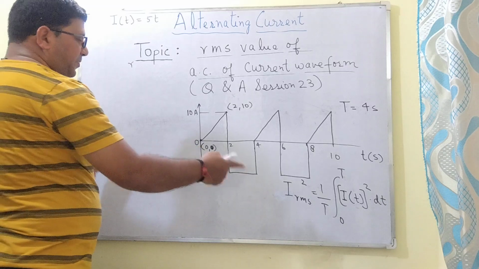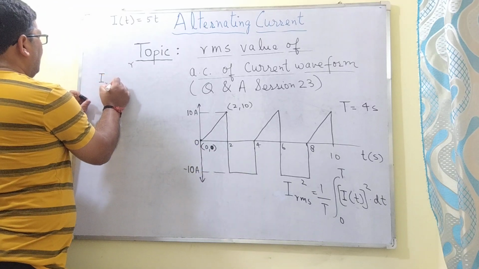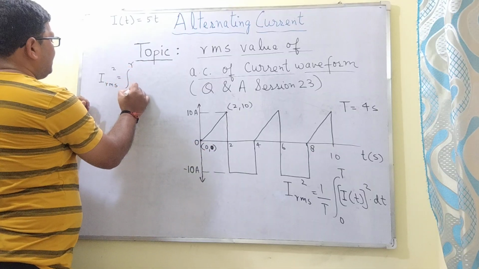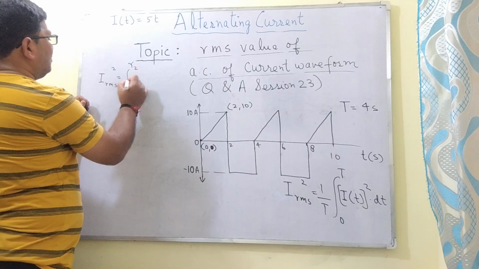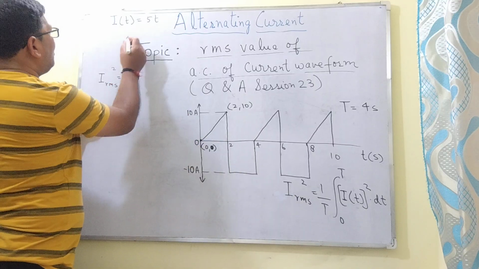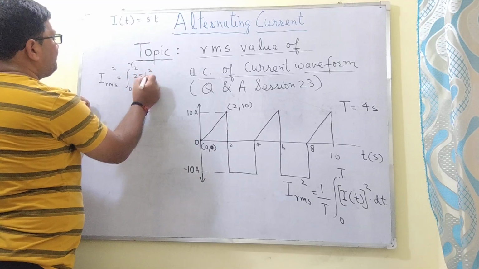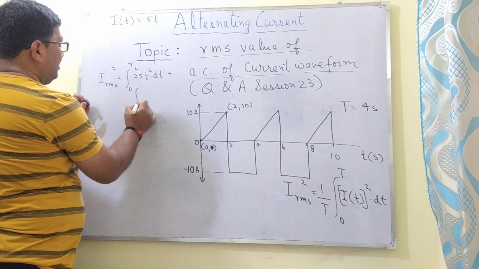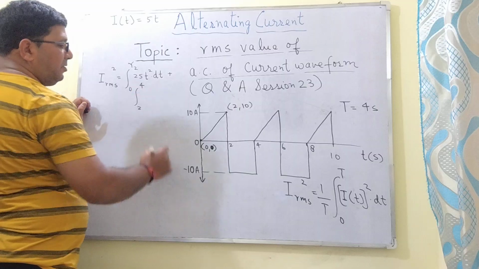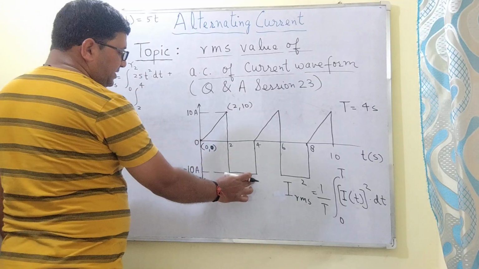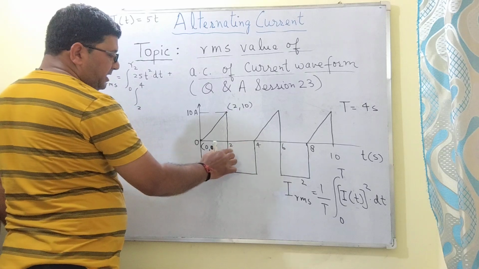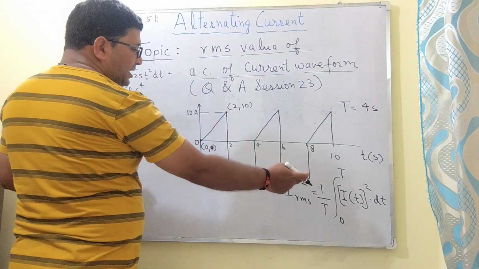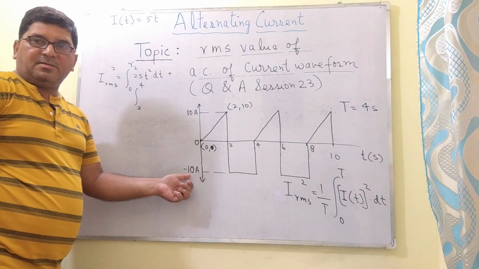So the RMS value for this alternating current can be written as integration within the limits of 0 to 2 of i(t) whole square, which is equal to 25t square dt, plus integration from 2 to 4, where for this duration from 2 to 4 seconds the value of i(t) is equal to minus 10 ampere.